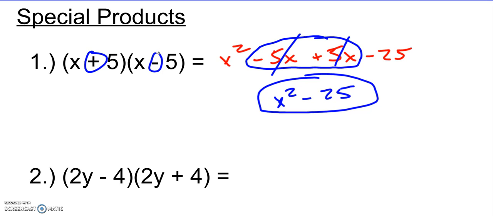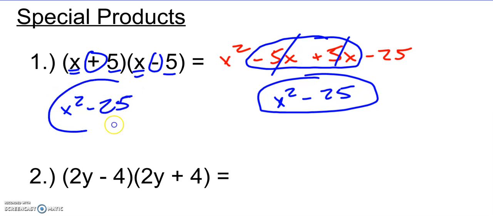So the x was the same, and then there was a 5 and a 5. The only difference is the plus and the minus. Whenever you have that, you can just take your first two terms, x and x, get x squared, and then your last two, 5 times negative 5, and get negative 25. So that's the shortcut, and we'll use that directly here on number 2.